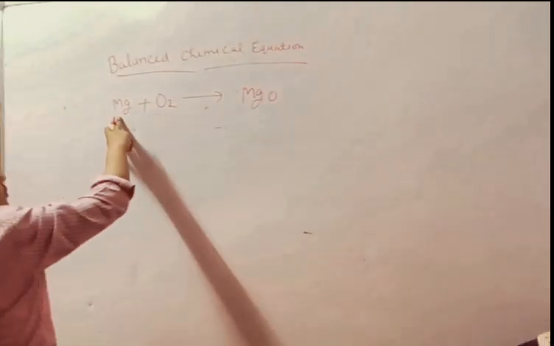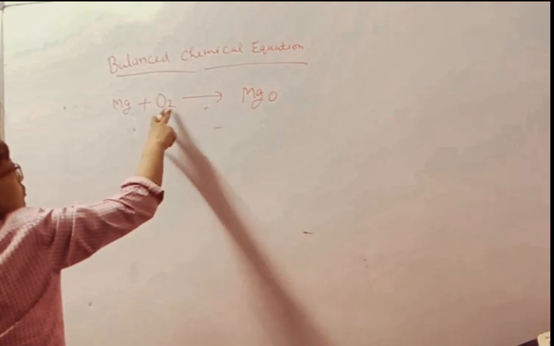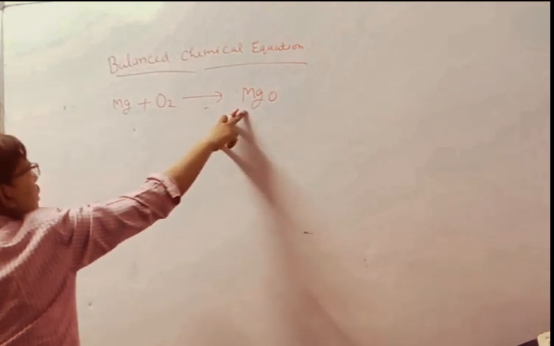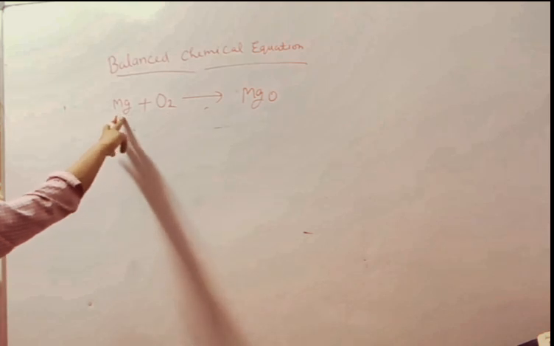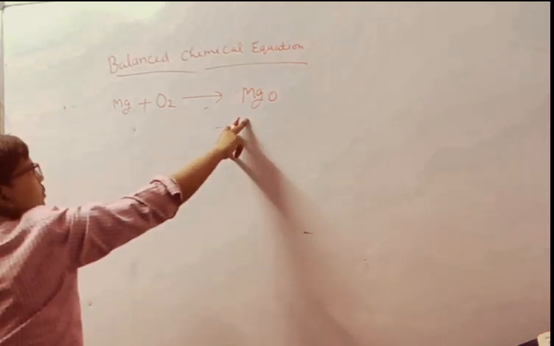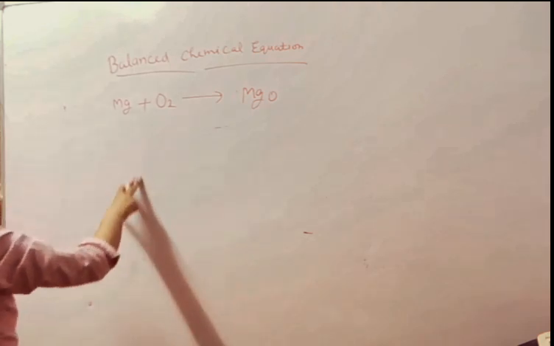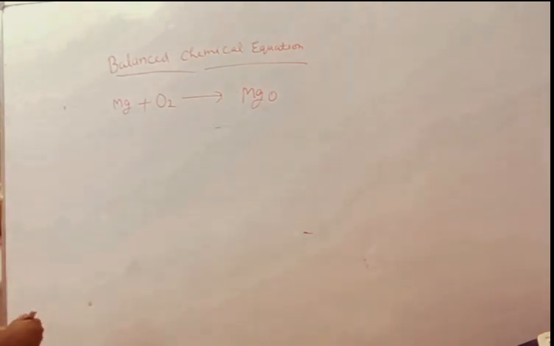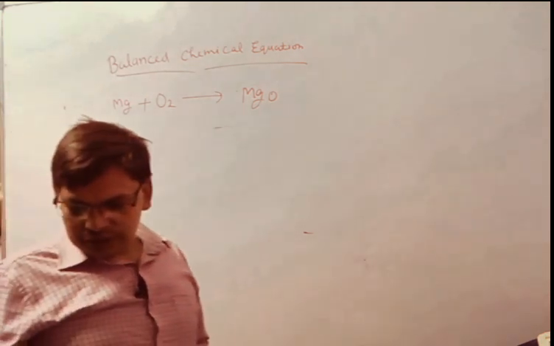If we see the elements, here there should be 2 magnesium, because here there are 2 oxygen elements, so magnesium should also be 2 elements. So we go step by step on how to balance the equation. There are 3 steps for balancing the chemical equation.